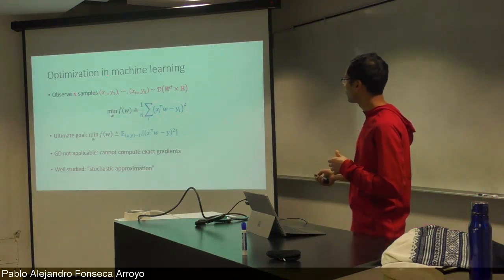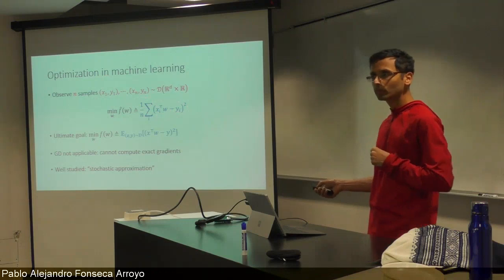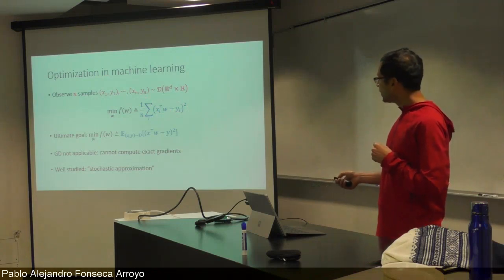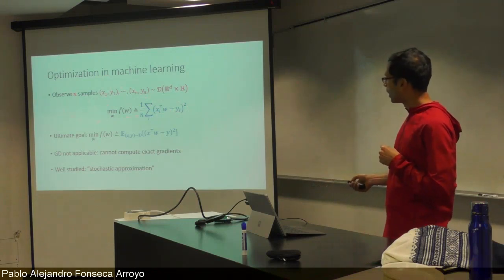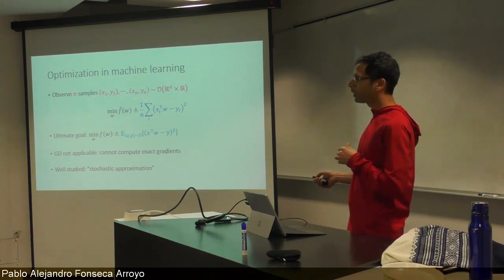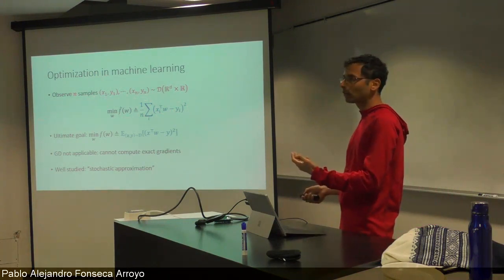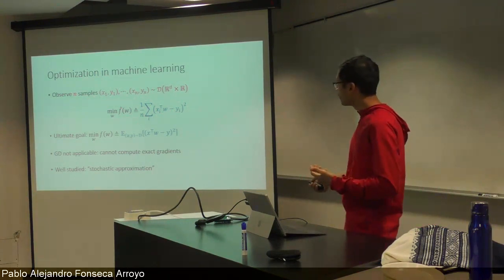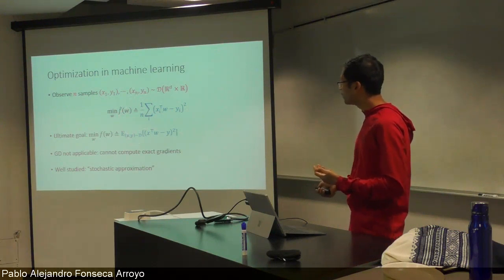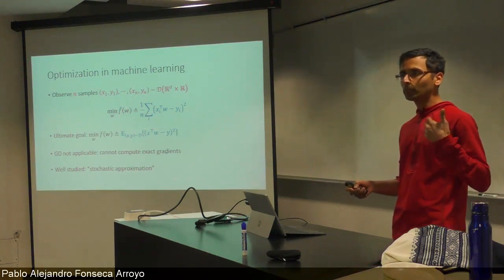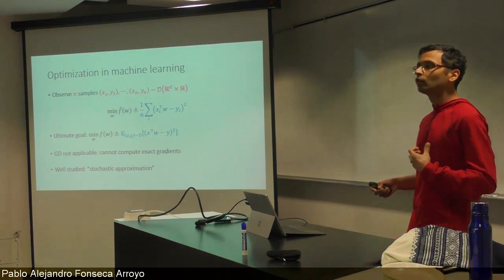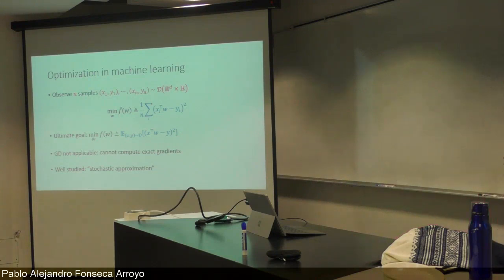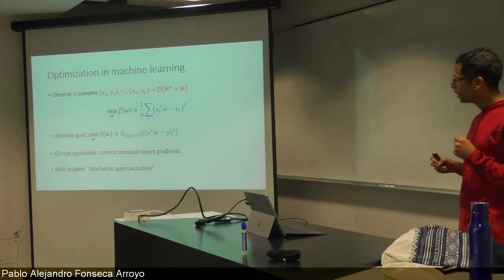But our ultimate objective is actually not to get very good accuracy on this empirical problem, but rather to get a very good error on the true expectation over the true distribution. So my ultimate goal is to minimize the expectation over the distribution of (x transpose w minus y) whole square.